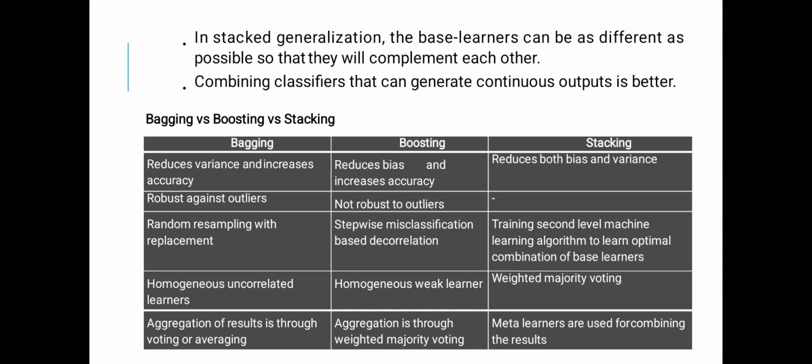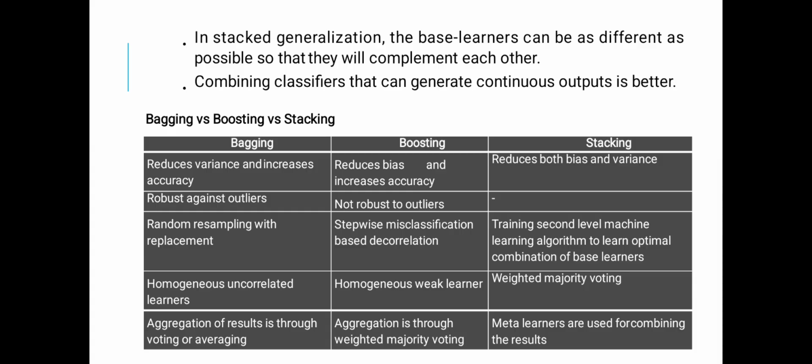In stacked generalization, the base learners can be as different as possible so that they will complement each other. Whereas in bagging, we use the same algorithm trained with different datasets, but in stacking we use different algorithms for each training dataset. Combining classifiers that can generate continuous outputs is better.